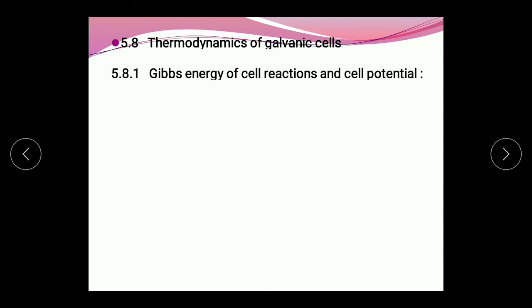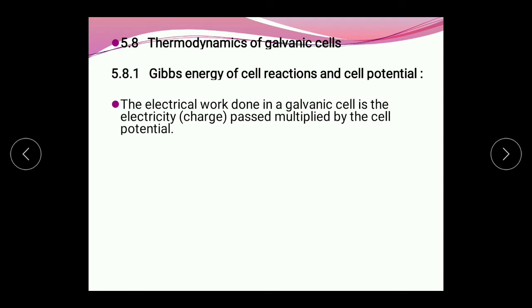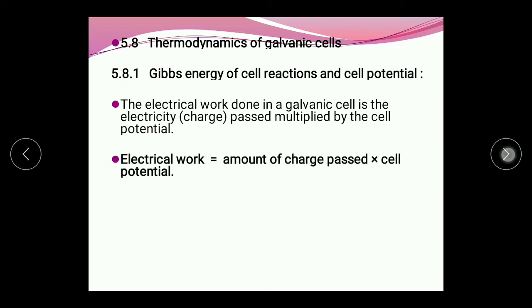So, let us start. The electrical work done in a galvanic cell is the product of the electricity passed and the cell potential, or EMF. Electrical work done is equal to the amount of charge passed into cell potential.